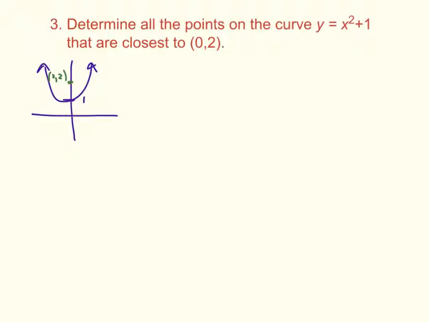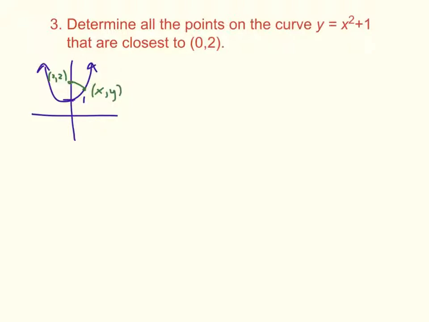So how do we do that? Well, if we're talking about finding a point on the curve, the first thing I want to do is just randomly put a point on the curve and call it x comma y. All right, now I want to take a look at minimizing this distance. Well, do I know a formula for distance? I certainly do.